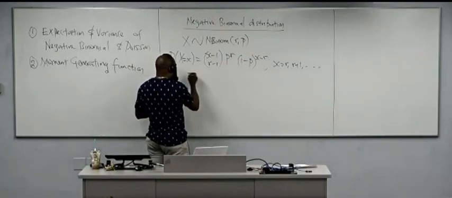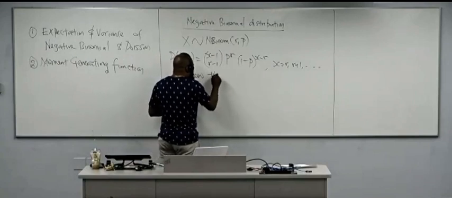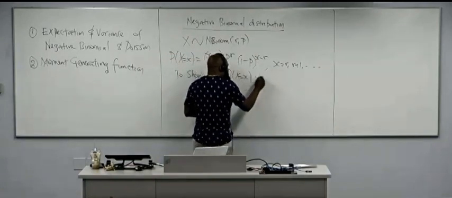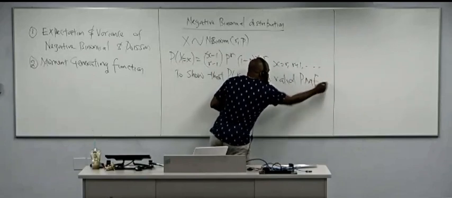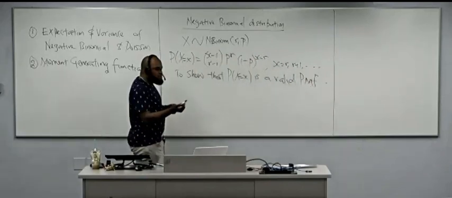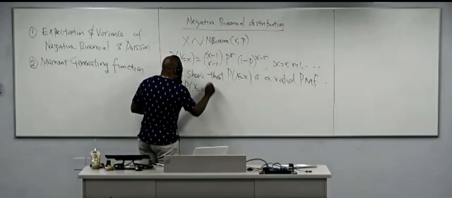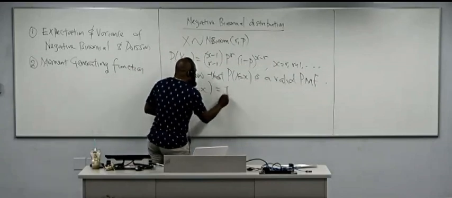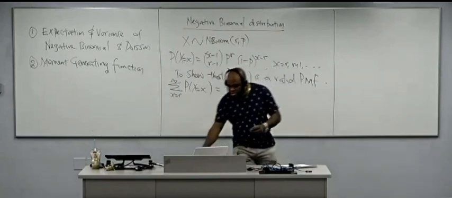Because it's a discrete probability distribution, I want to show that the sum over x from r to infinity of P of X is equal to 1. That's exactly what I want to show.